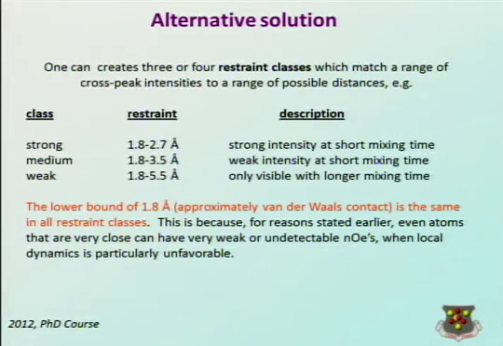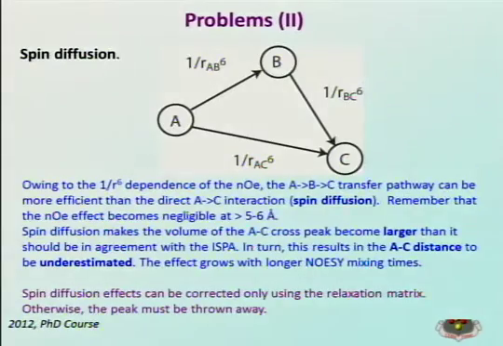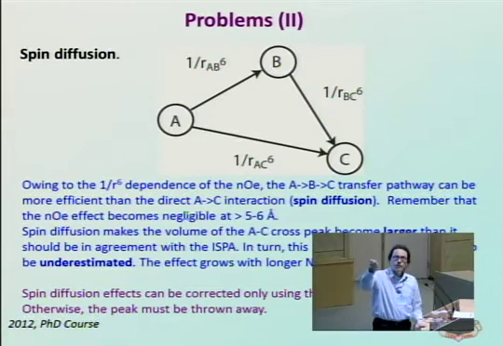Of course, if you go check in the literature, you will find very different numbers for these different classes depending on the author. The other notorious problem is spin diffusion, where you have a relay of interactions. We have this spin pair approximation, but actually we know that there are more spins.